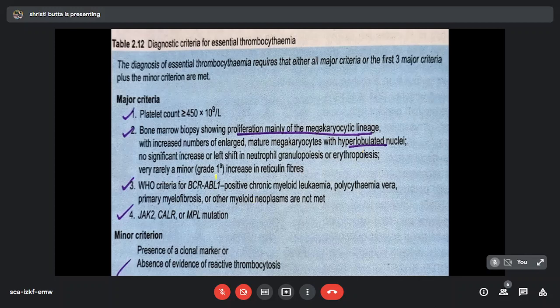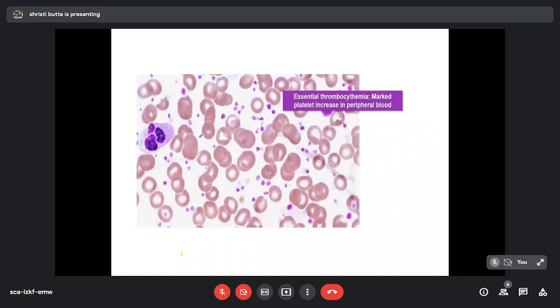The WHO criteria for BCR-ABL1 or CMLs, PV, ET, PMF, and other myeloid neoplasms are not met. JAK2, CALR, or MPL mutation may be present. And the minor criterion is presence of the clonal marker or absence of causes of reactive thrombocytosis. So at least first 3 with 1 minor, or all the major criteria, must be met for the diagnosis of essential thrombocythemia.